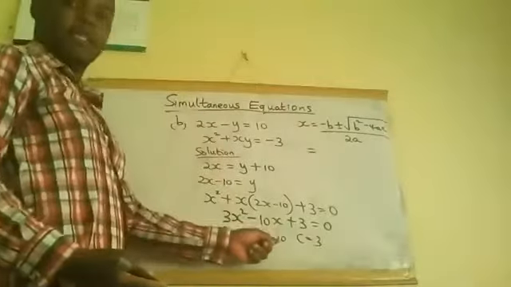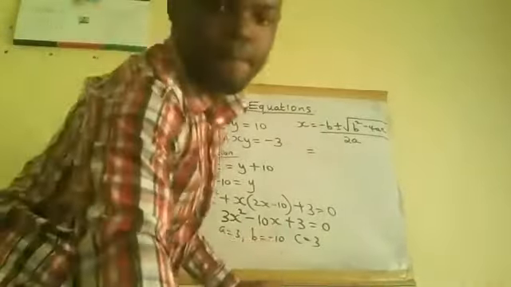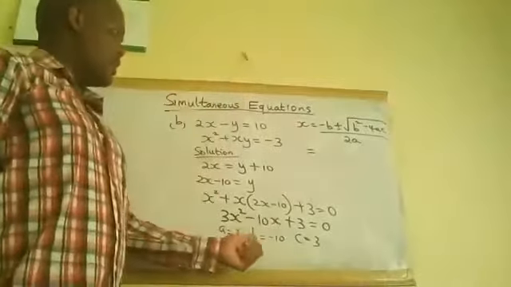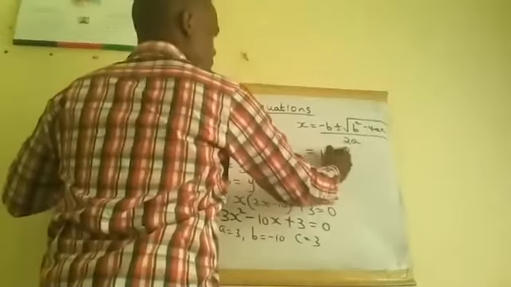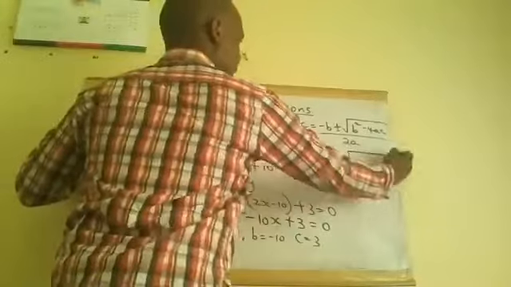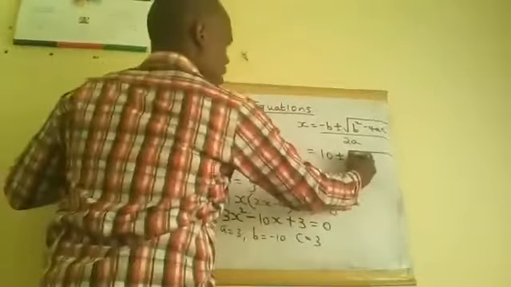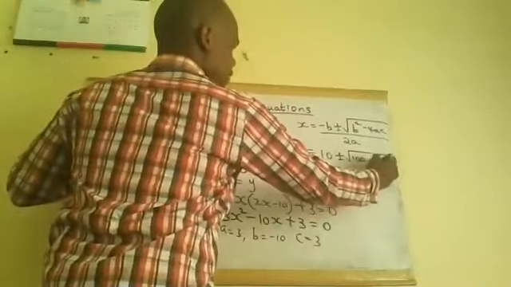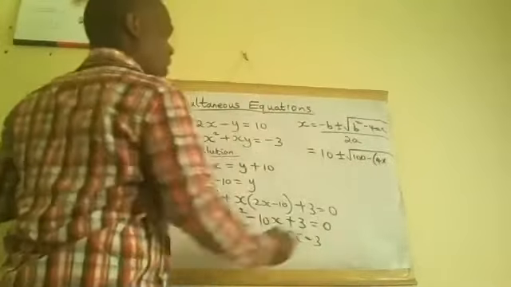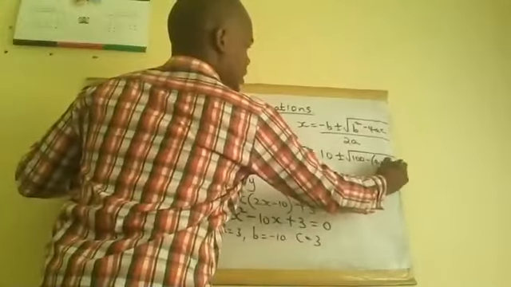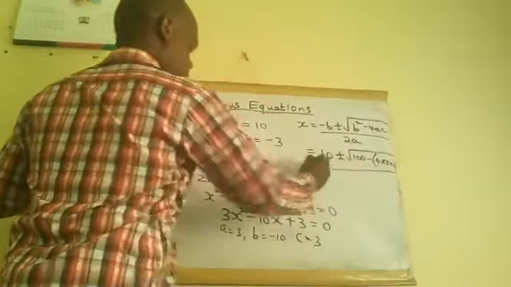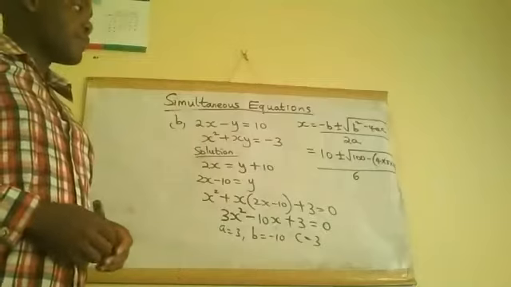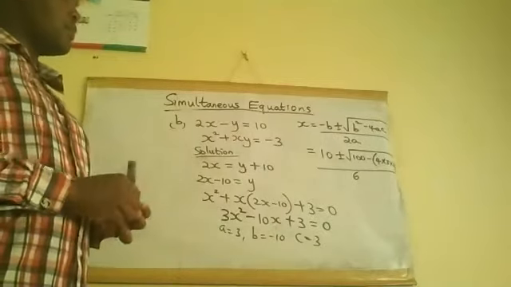So negative b is 10, plus or minus b squared is 100 minus 4 times 3 times 3, over 2a, which is 6.